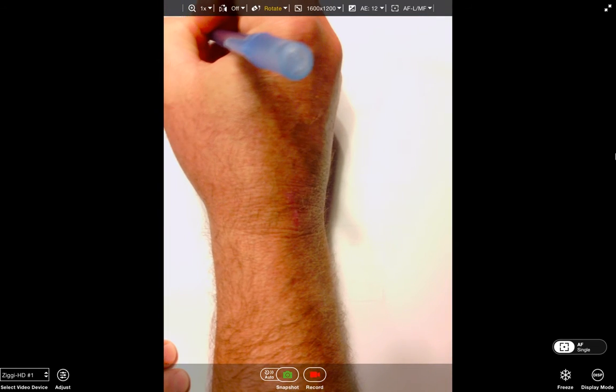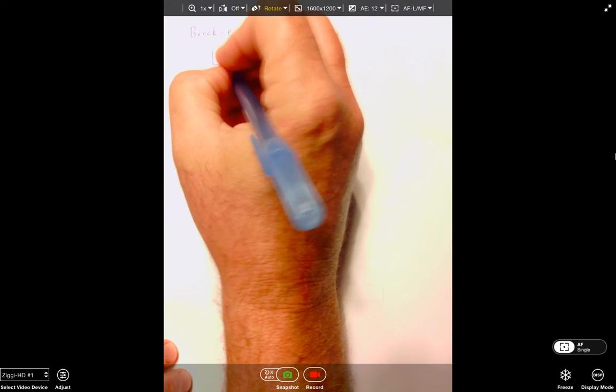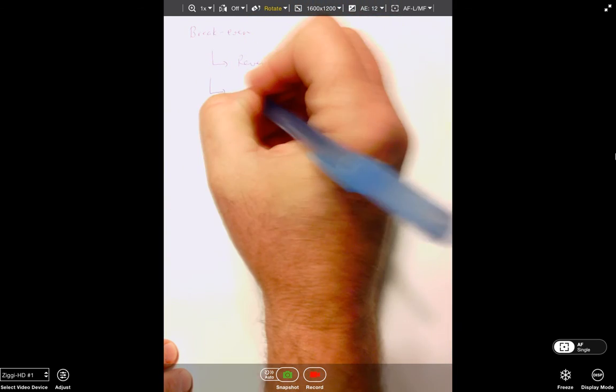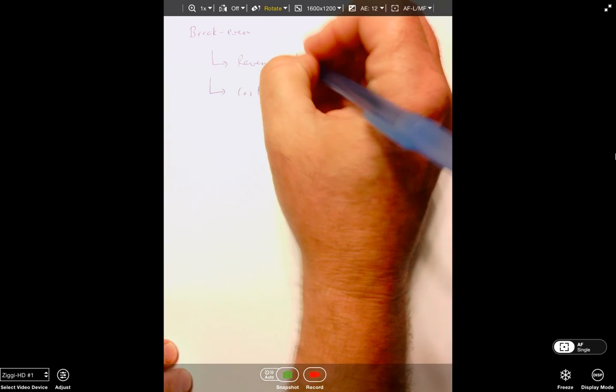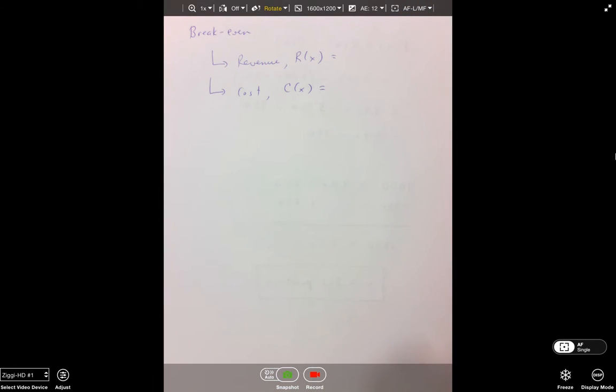But we know that when we're talking about a break even, then we need two things. We need a revenue function and we need a cost function. All right.